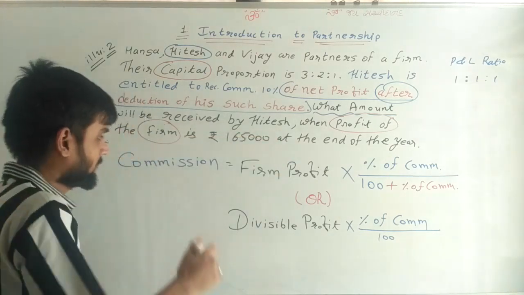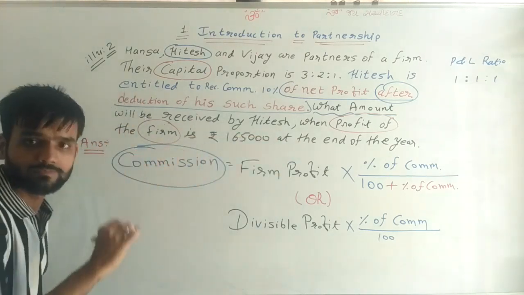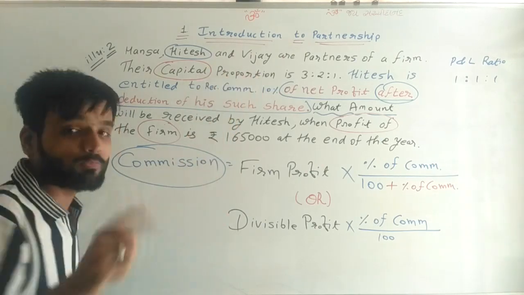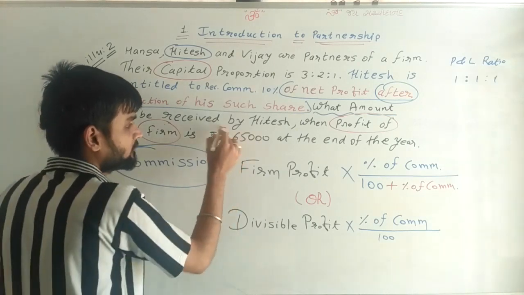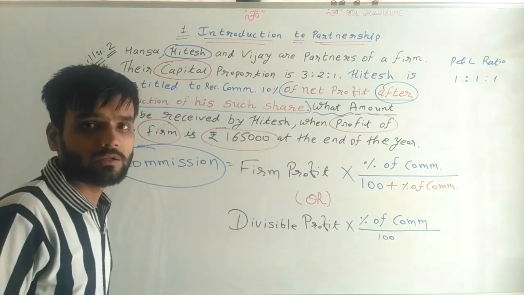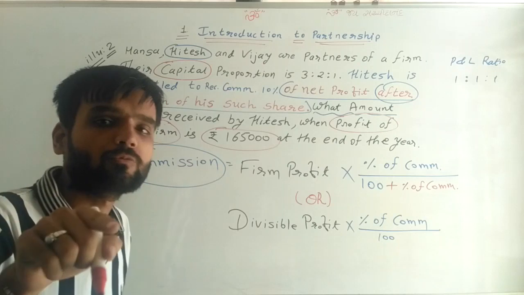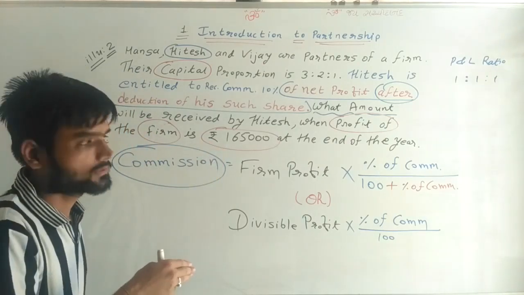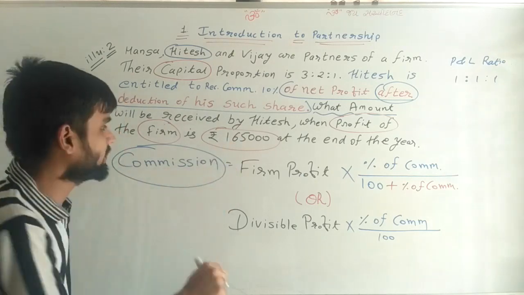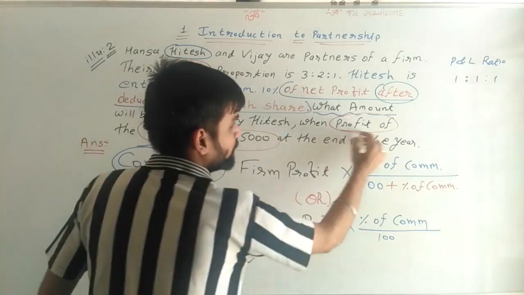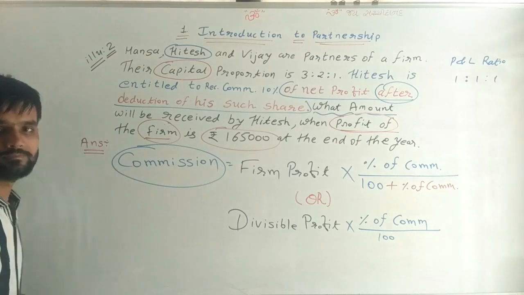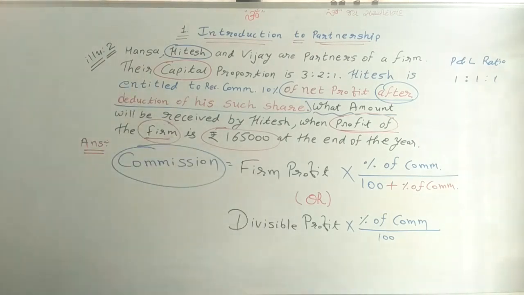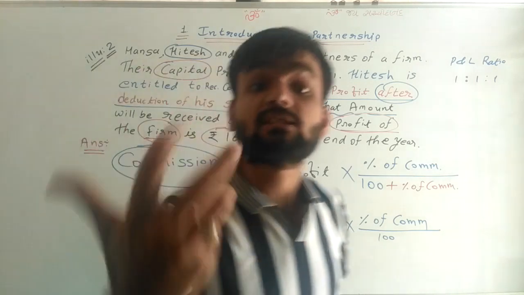Now see the calculation of commission. In the question, which profit is available? Here 1,65,000 is available. It is an amount, but which profit is it? 1,65,000 is the profit of the firm.